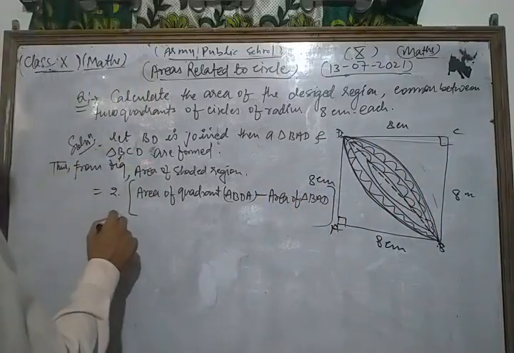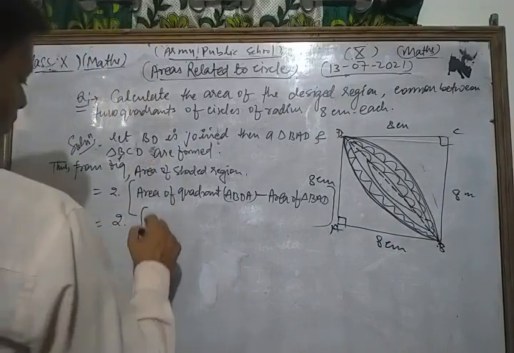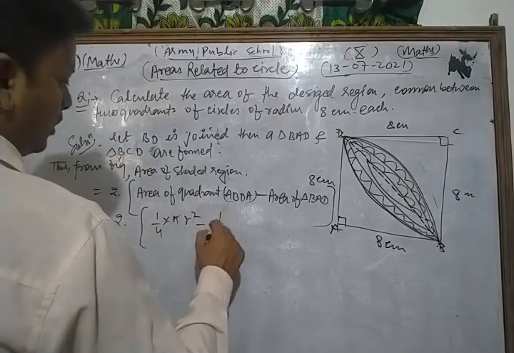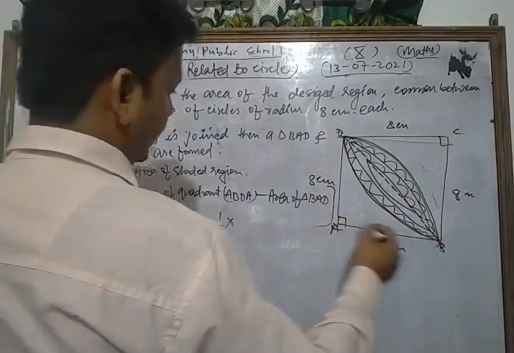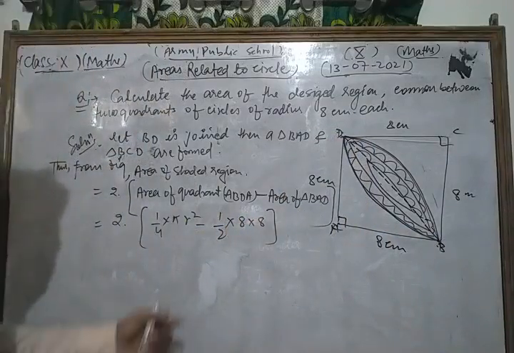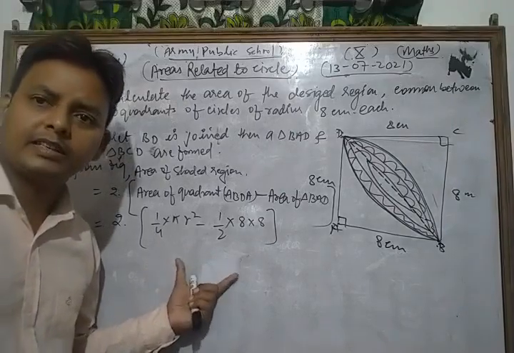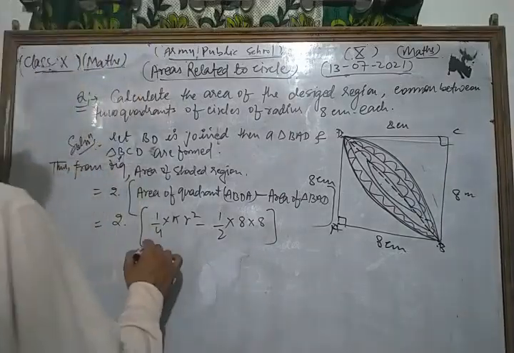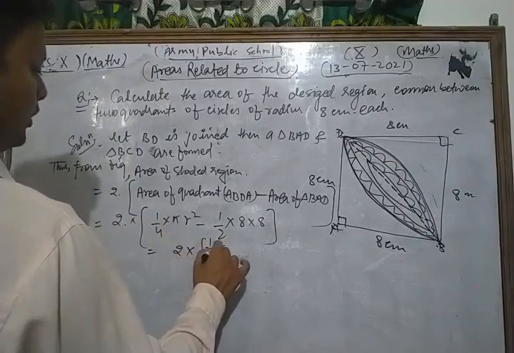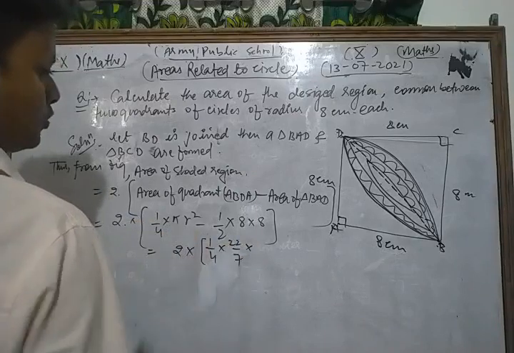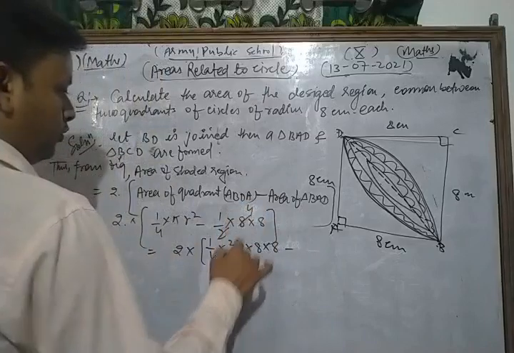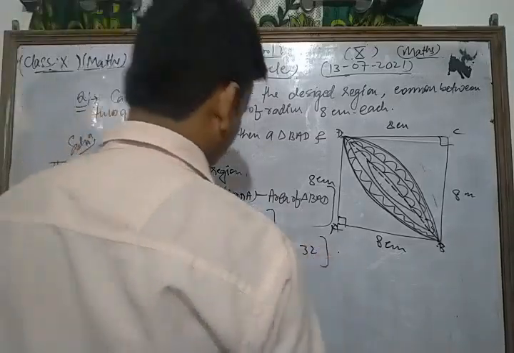Now look, 2 into area of quadrant, you know that is pi r square by 4, so 1 by 4 into pi r square minus area of triangle 1 upon 2, base into height. Base is 8, height is 8. Now we simplify that expression: 2 into 1 upon 4 into 22 upon 7 into r square, means 8 into 8, minus 2 4s are 8, 4s are 32.